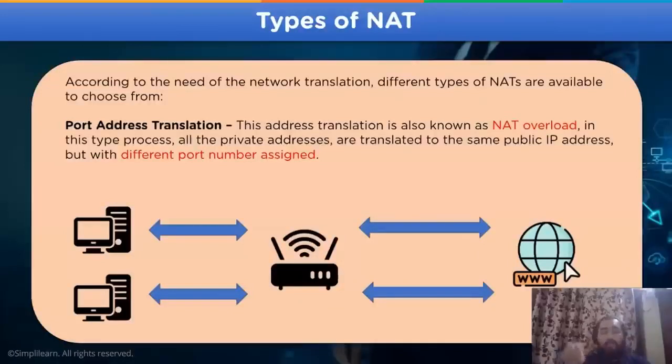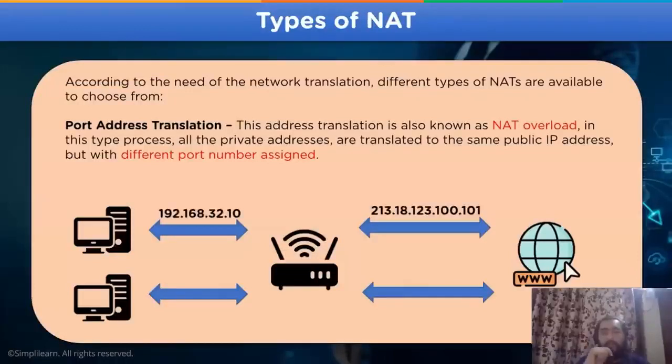That means if you have 5 private addresses in your network, you will have a single public IP address available to all of them. Due to this nature, it is also known as NAT overload. But the catch is, all the private addresses will have different port numbers assigned to differentiate between them.